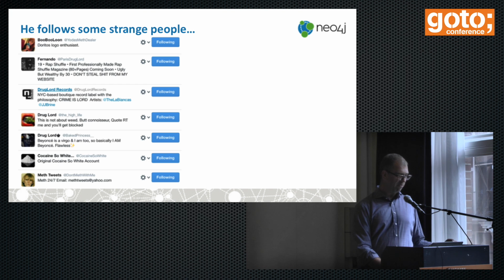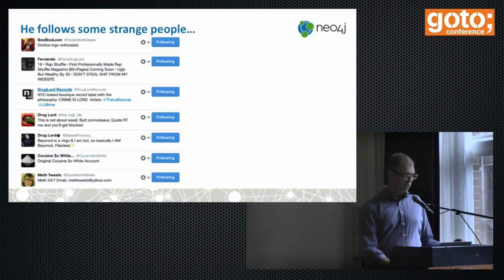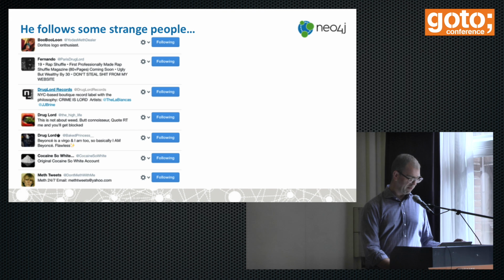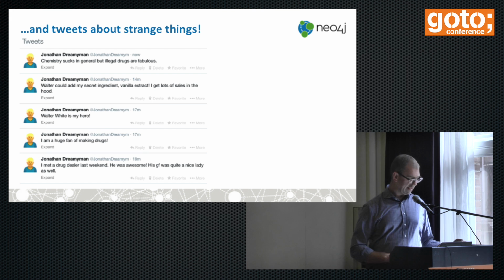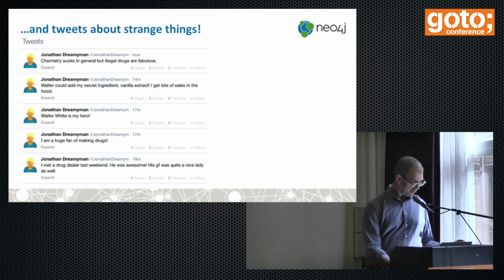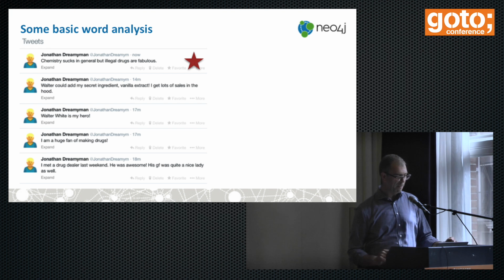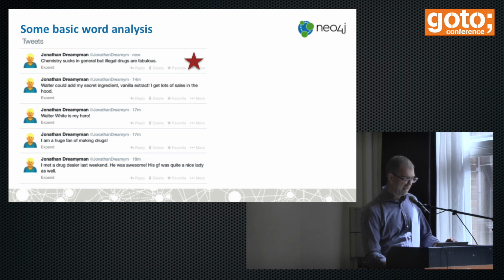So if you look at this particular person, Jonathan Dreamy Man, he has a very bizarre Twitter feed, right? And maybe appropriate for Amsterdam, but it seems like a lot of his tweets are about his love for some kind of chemicals. This particular person is clearly into drugs, right?